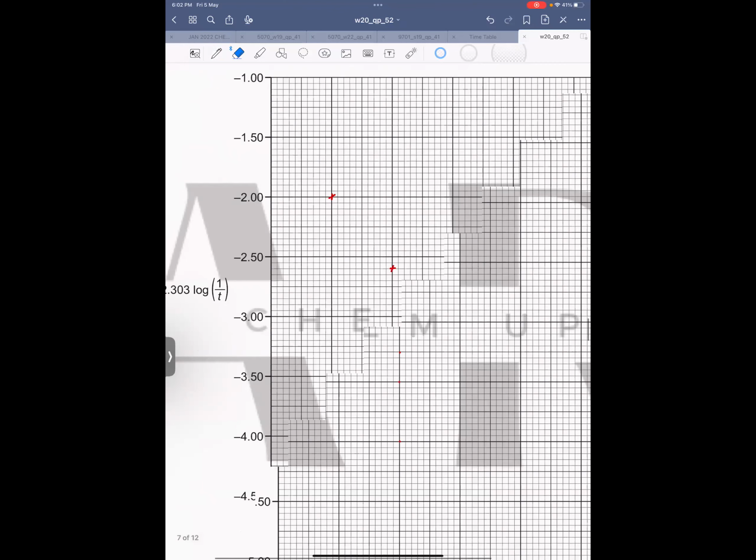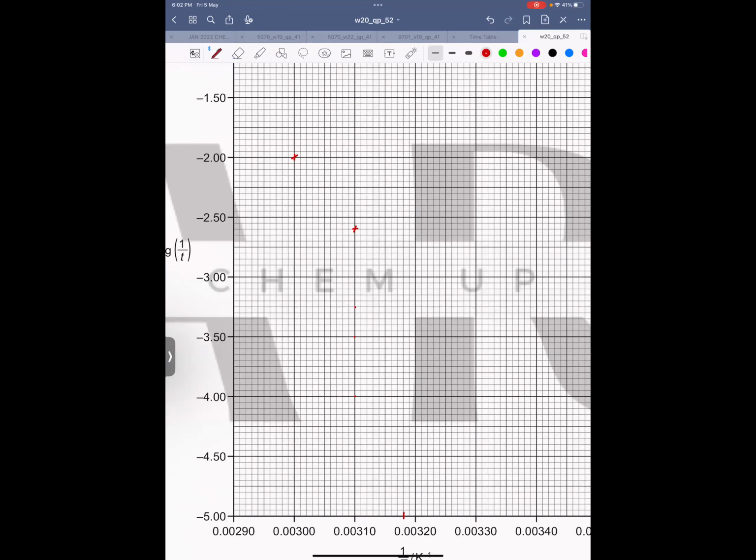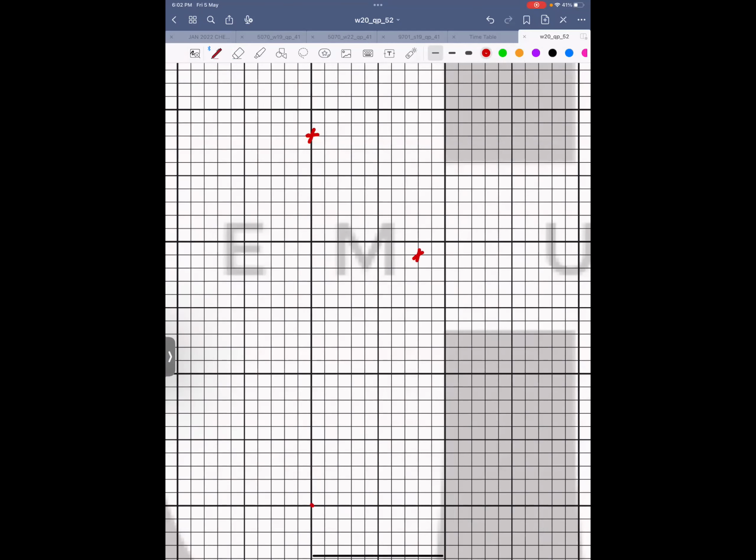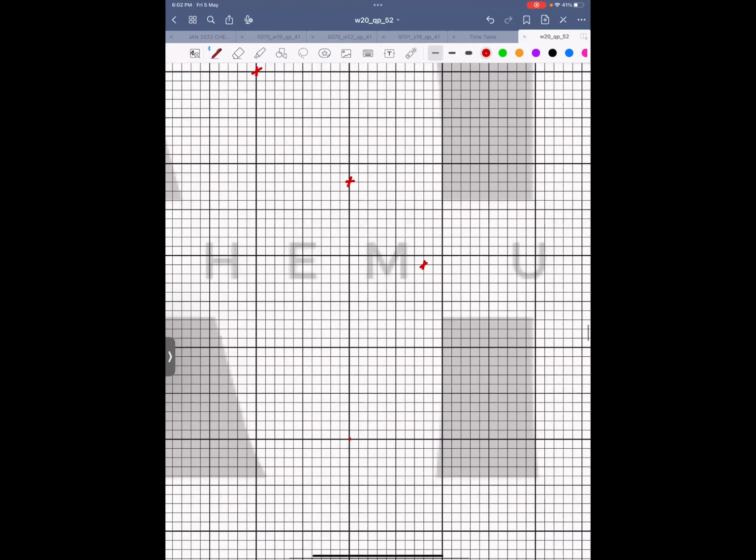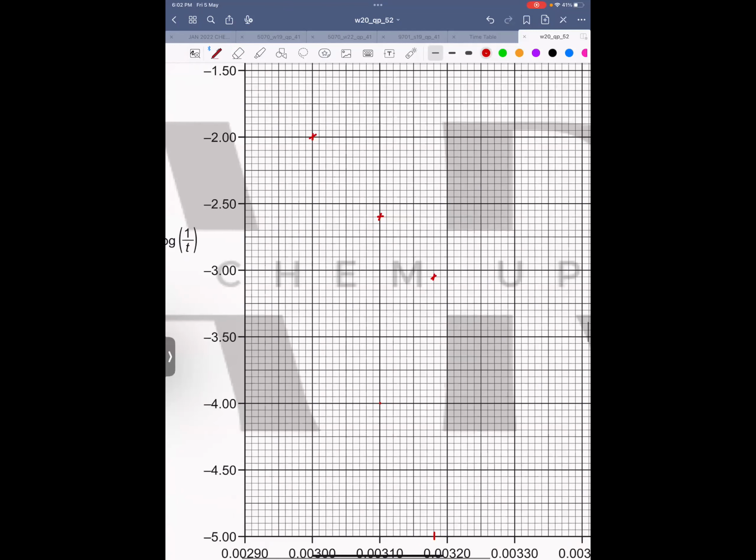Okay. And on the y-axis? Negative 3.05. Yes. Okay. Then the next value?